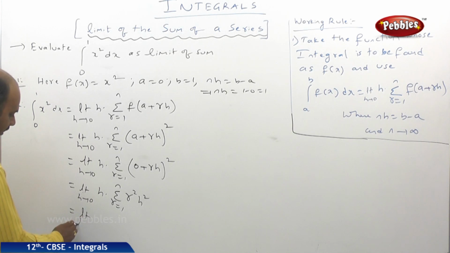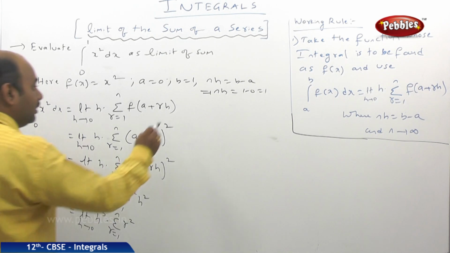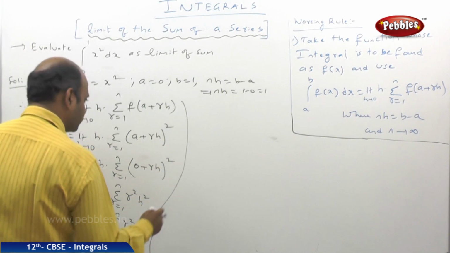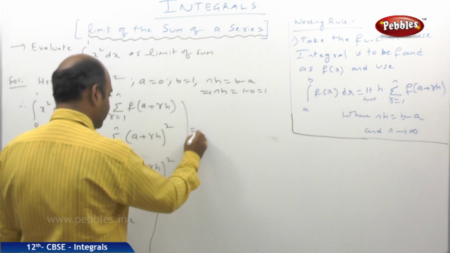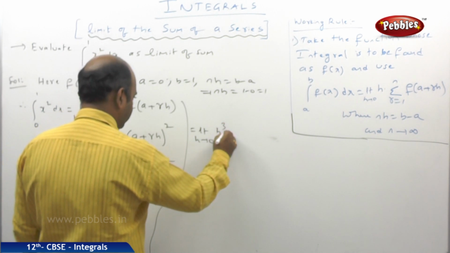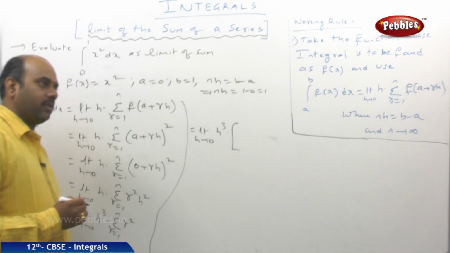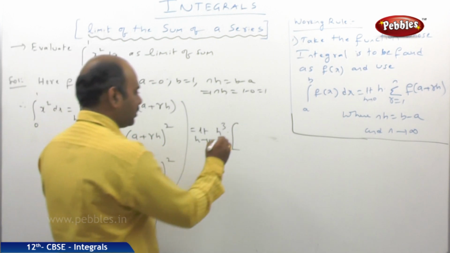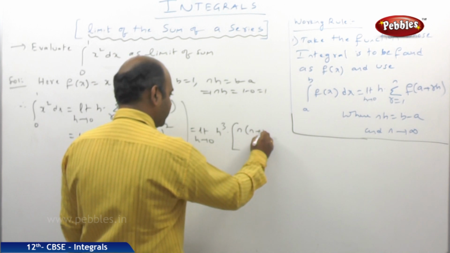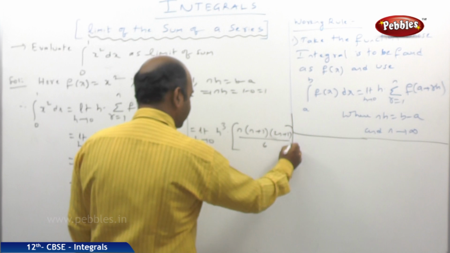So limit h tends to 0 h cube into summation r is equal to 1 to n r square. r square means sum of squares of first n natural numbers. Sum of squares of first n natural numbers means n into n plus 1 into 2n plus 1 by 6.